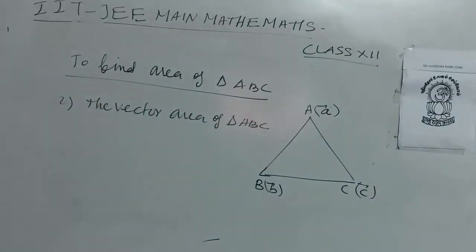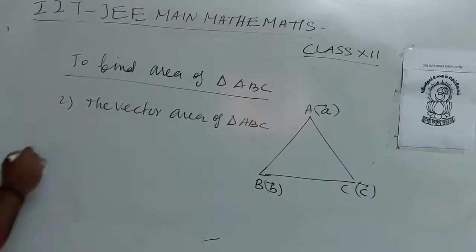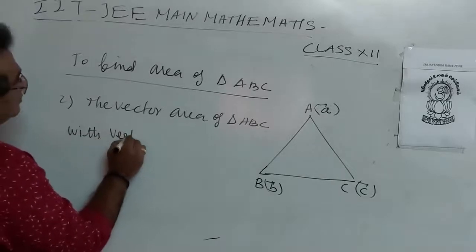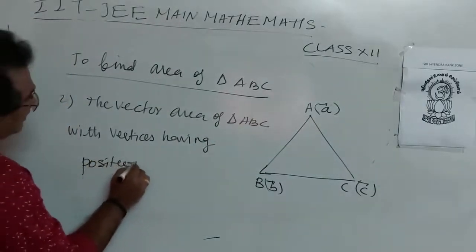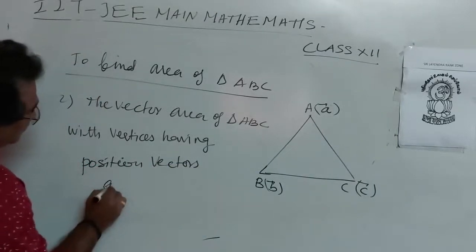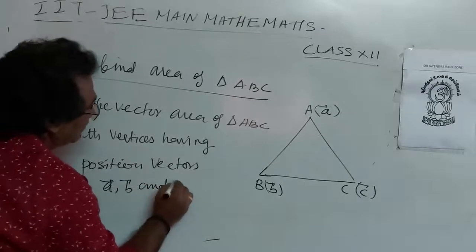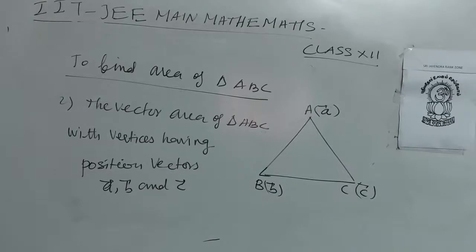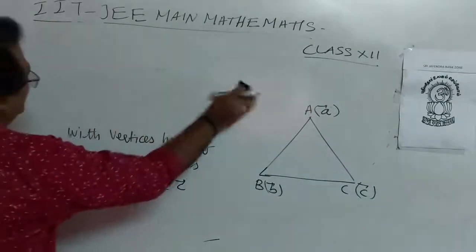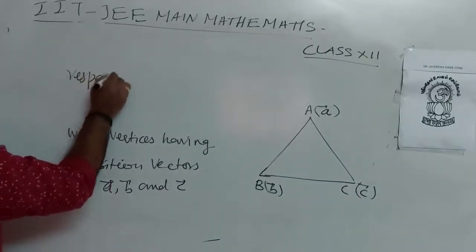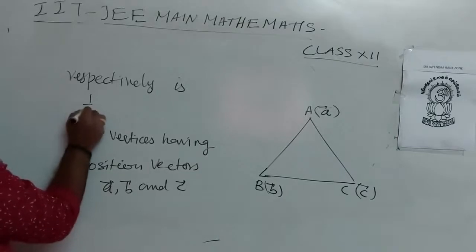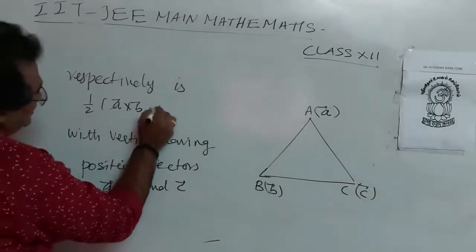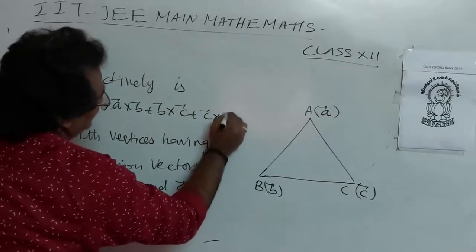The vector area of triangle ABC with vertices having A vector, B vector and C vector respectively is half into A vector cross B vector plus B vector cross C vector plus C vector cross A vector.